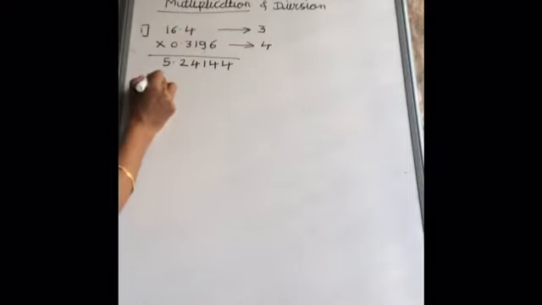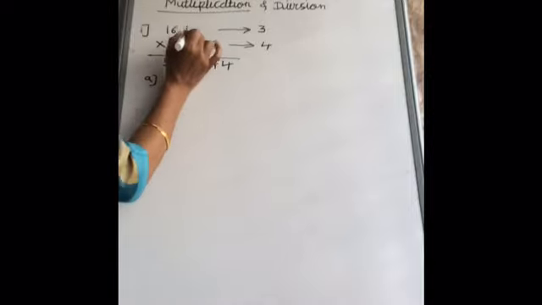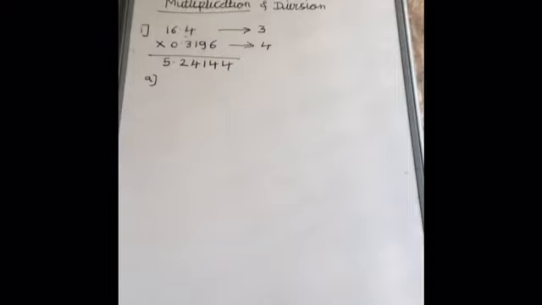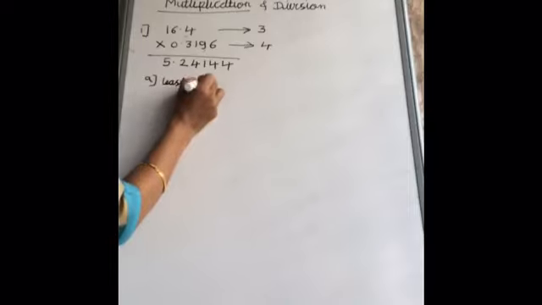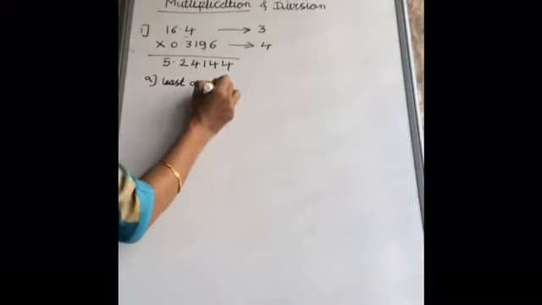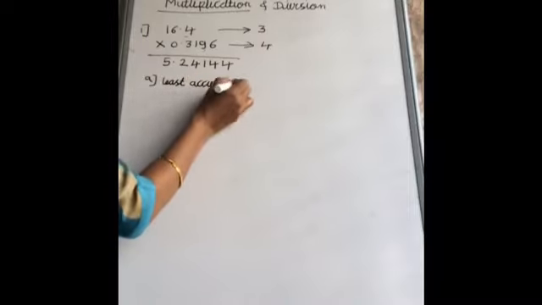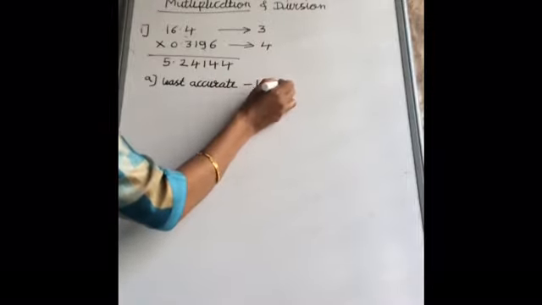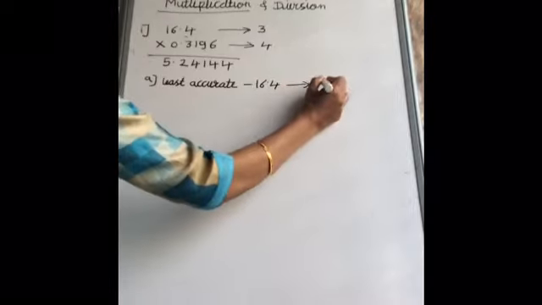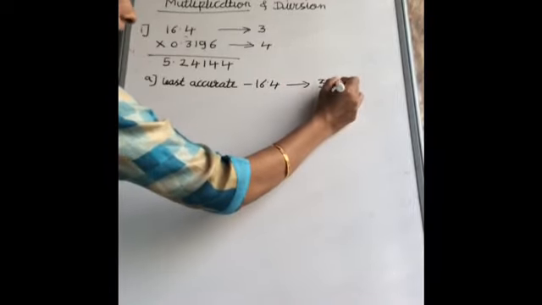The first rule is that we have to find the least accurate number. In this, the least accurate number is 16.4, having 3 significant figures.